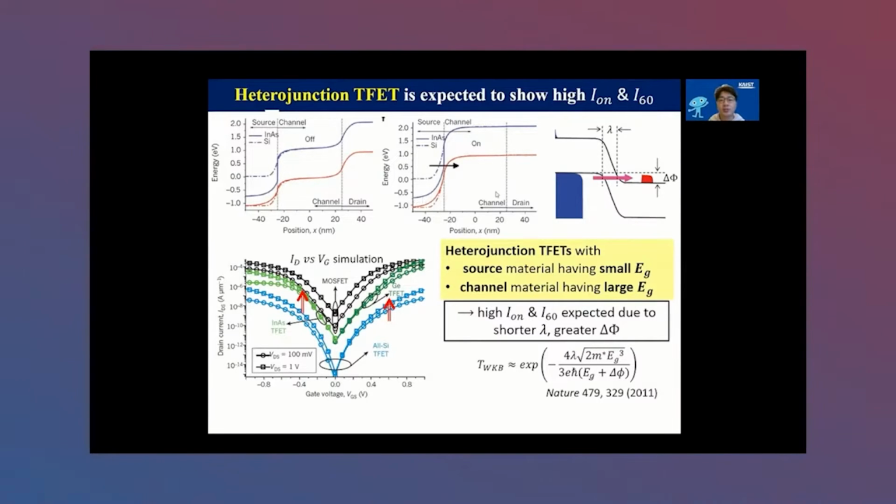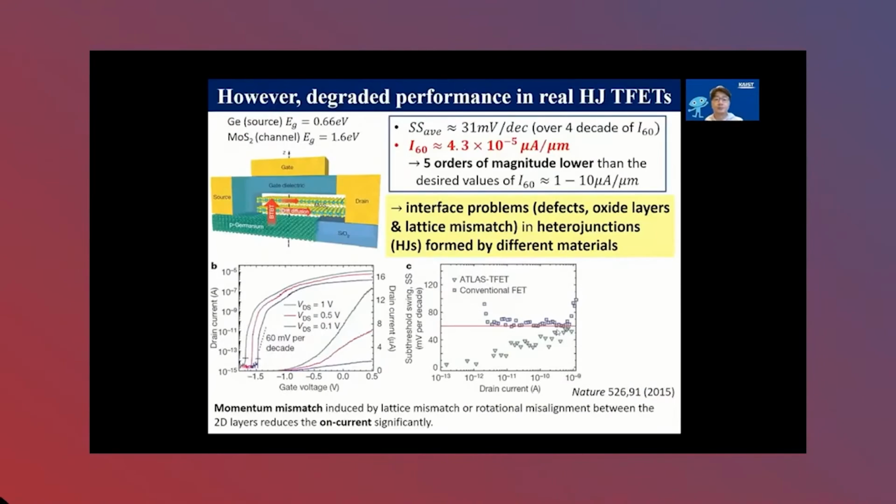Delta phi increases and lambda decreases. The tunneling probability increases. That means the on current increases. So, according to the simulation, if you make this heterojunction body with the small band gap material and the large band gap material, a large on current can be obtained with a small SS.